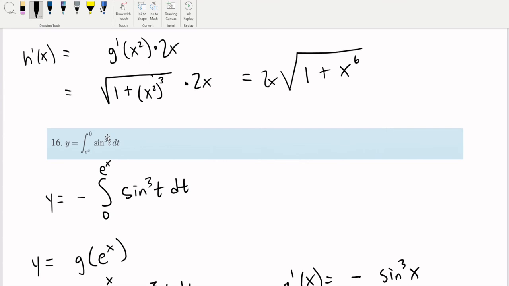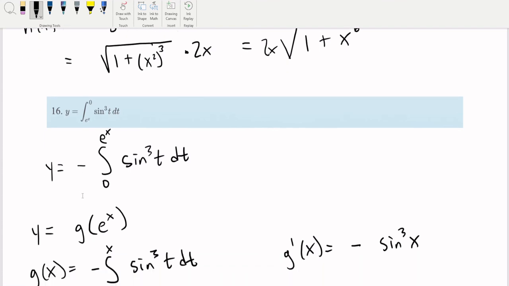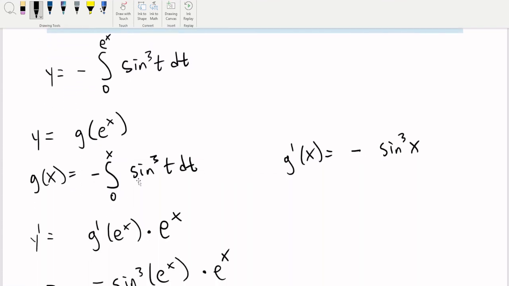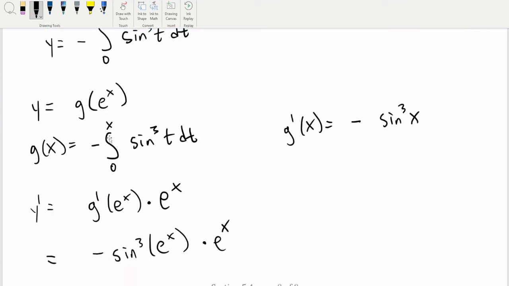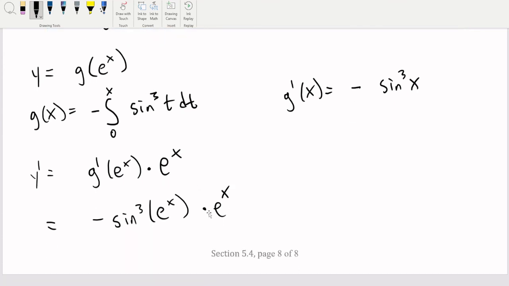Maybe a couple small easier problems. Once you've seen the tricks, you can swap these with a negative, and then this is just one easy function, which I can immediately get the derivative of using the fundamental theorem, and it's composed with e to the x, which is also another easy function. Now I just apply the chain rule and I'm all done.